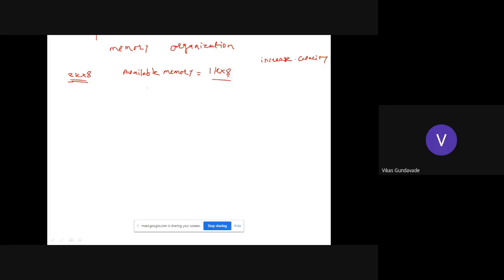The word size is the same, both required and available. The number of chips required for interfacing is identified by the equation: number of chips is equal to required memory to the available memory.